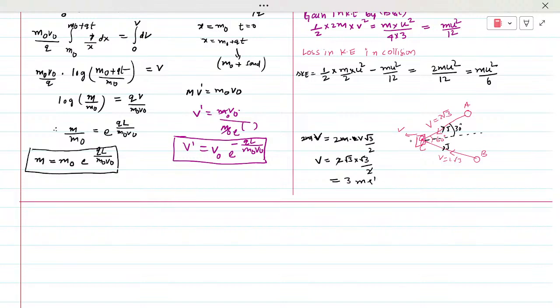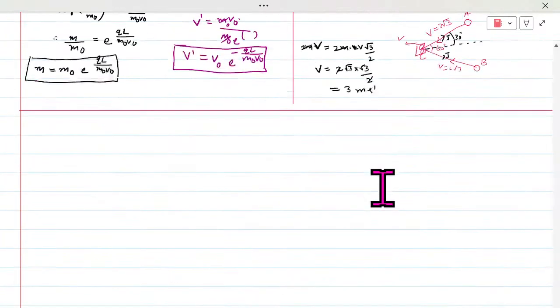So you understand this, right? So next model of question. Coming to collision between two spherical balls.